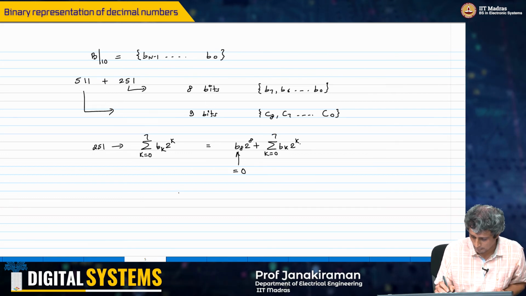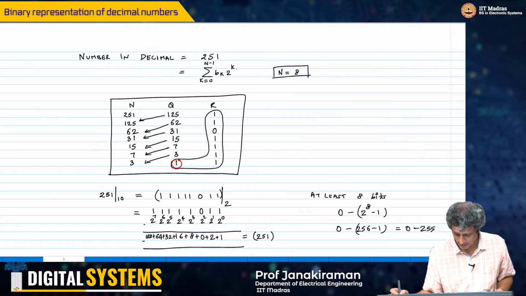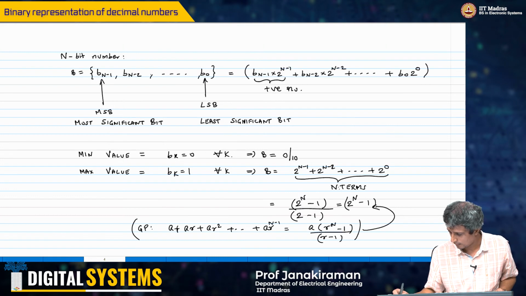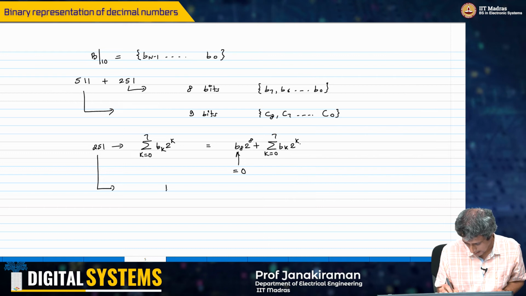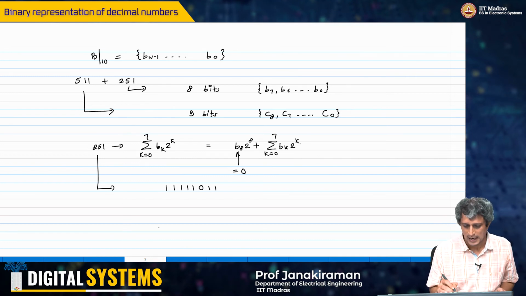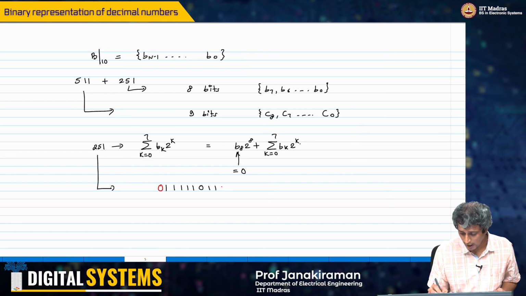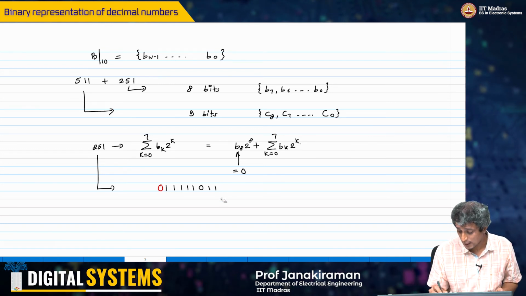So if I take a binary number, say 251, I will represent it as 11111011. Then in order to represent it as a 9-bit number, I'll have to add a 0 before it. Remember, you cannot add a 0 at the end because that will change the value of the number.